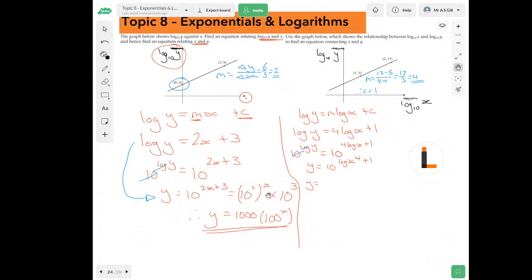So we had 10 to the 2x times 10 to the 3. Let's do the same thing here. And now what we can see here is, again, raising to the power of 10 will cancel with the log. So we get x to the 4 times 10, and then just tidying it up, we get our final answer, like this.